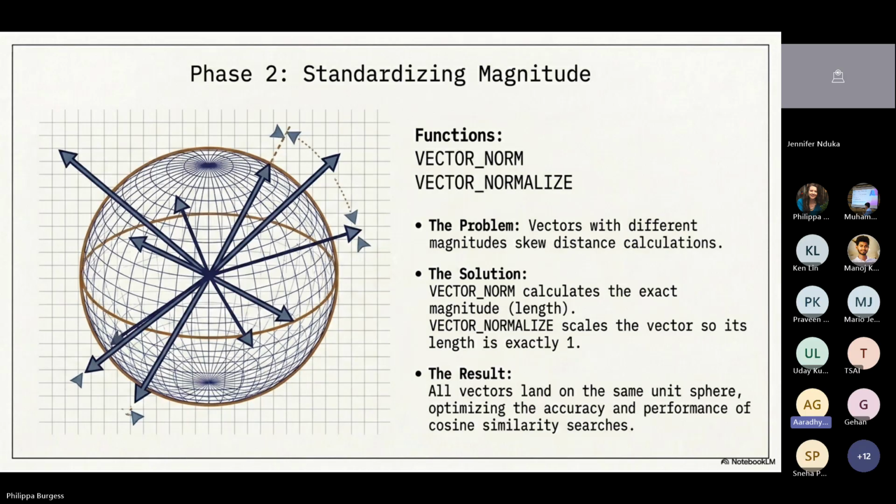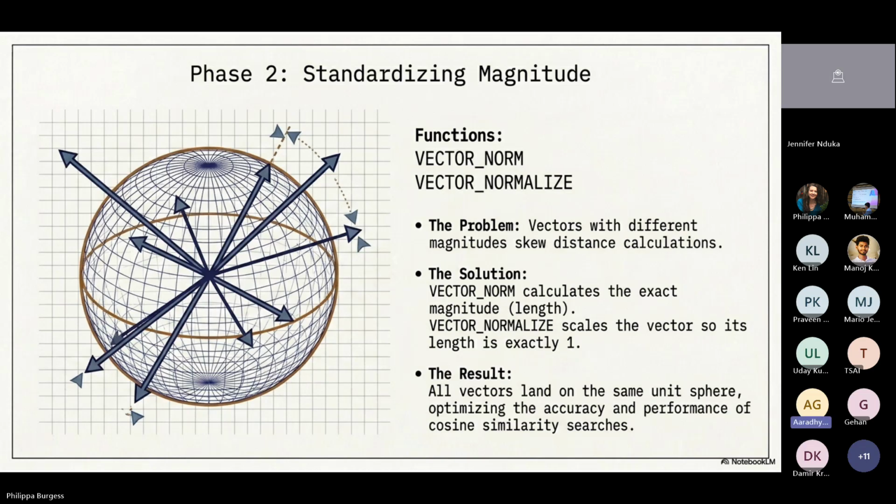The problem is vectors with different magnitudes distort distance calculation, and we can resolve this by using vector norm, which calculates the exact magnitude, and vector normalize, which scales the vectors so their length is exactly one. The result is that all the vectors land on the same unit sphere, optimizing the accuracy and performance of cosine similarity searches.